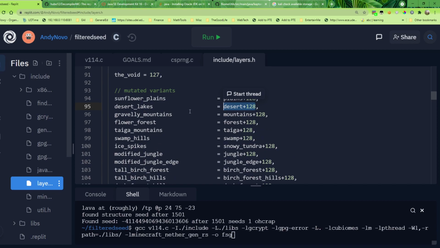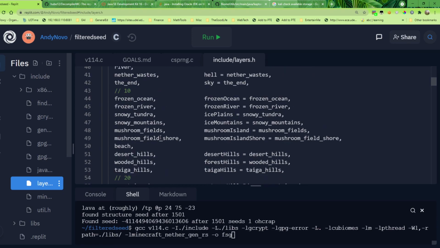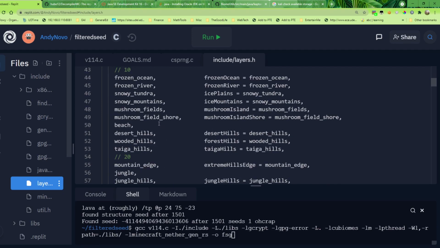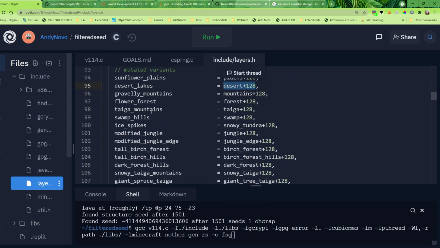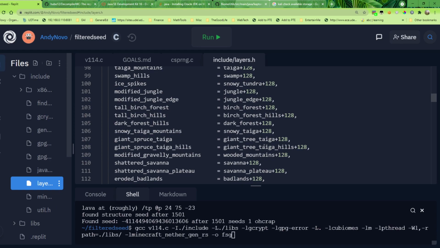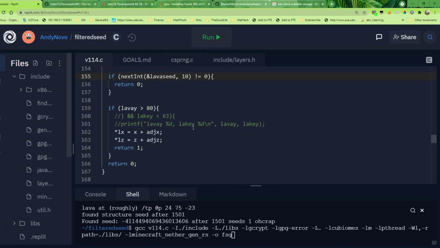So I actually should just take the biome mod 128 and then check against like the baseline version. Desert hills apparently is separate than desert lakes. But I do like that I can mod by 128 to get kind of the baseline for some of the weird ones. Thank you, Mojang.